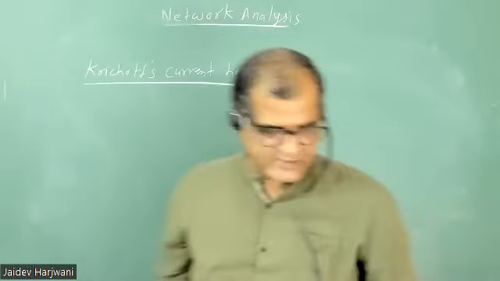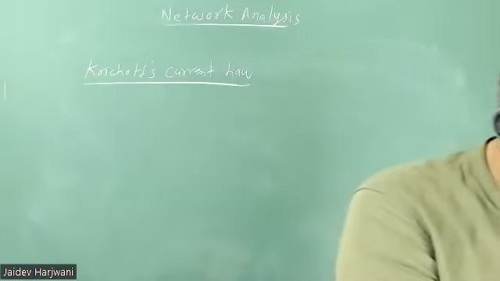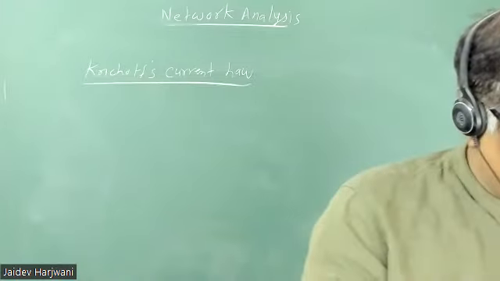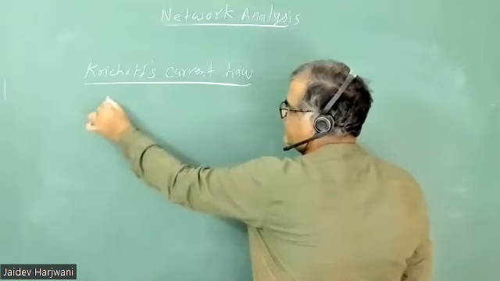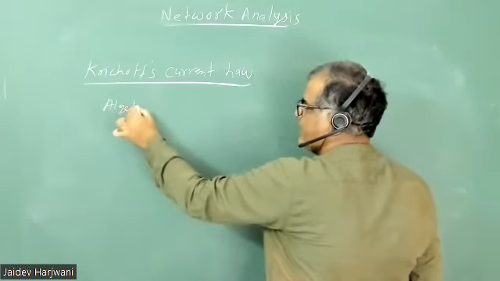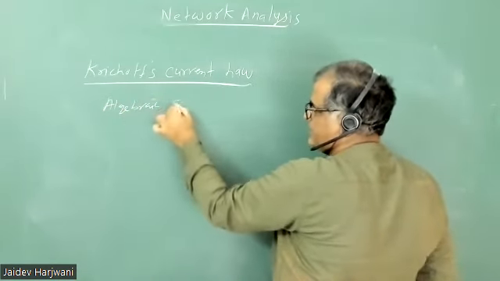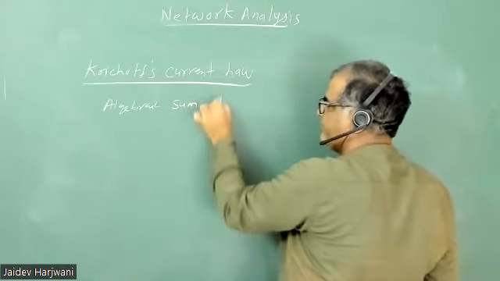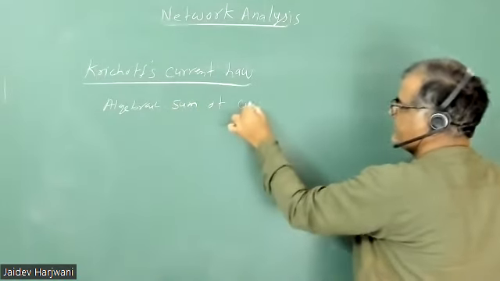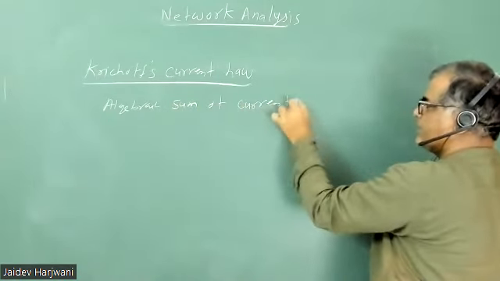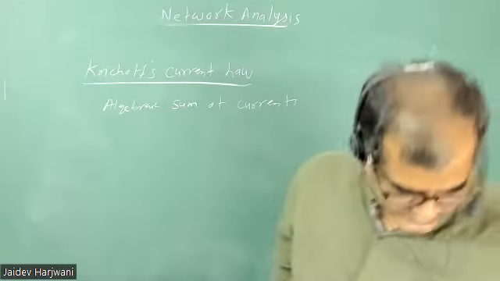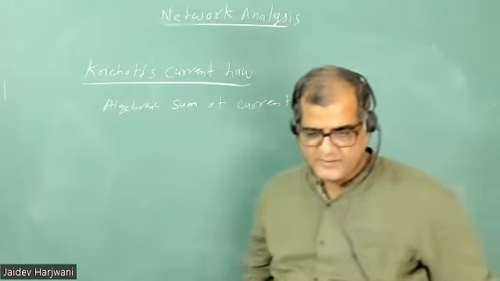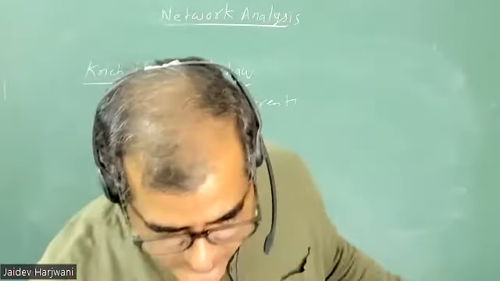So what this law says, the algebraic sum of currents to a node is 0.